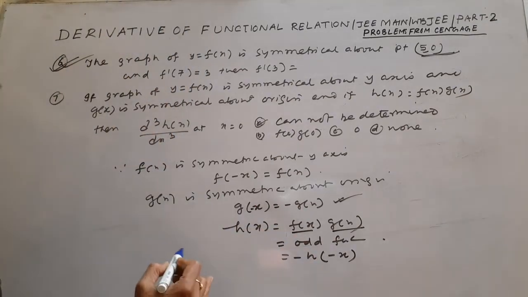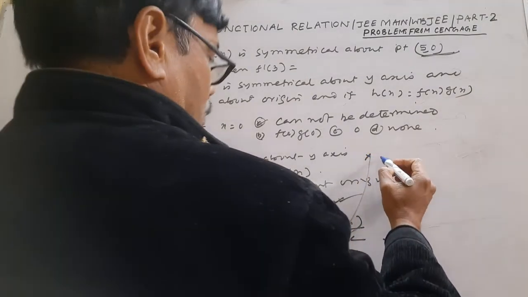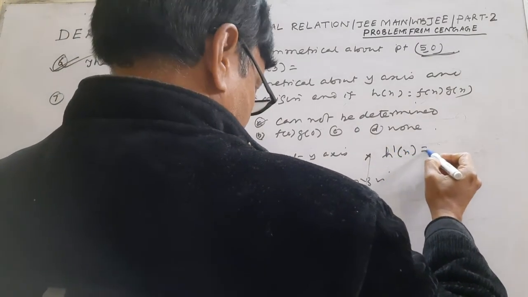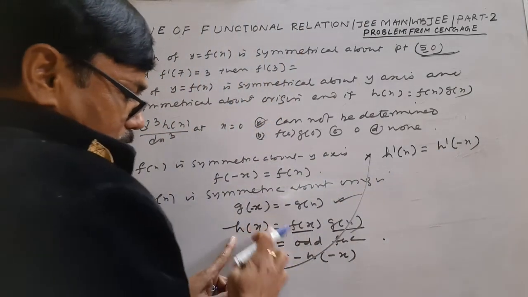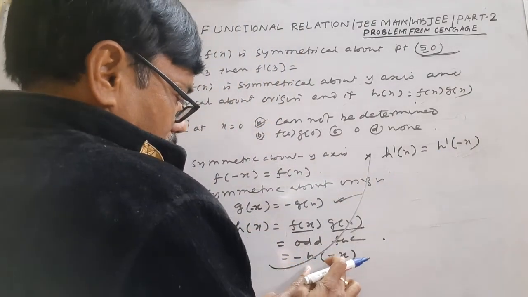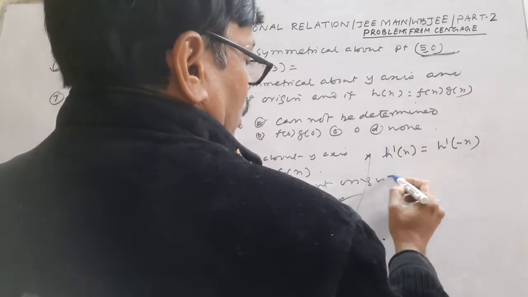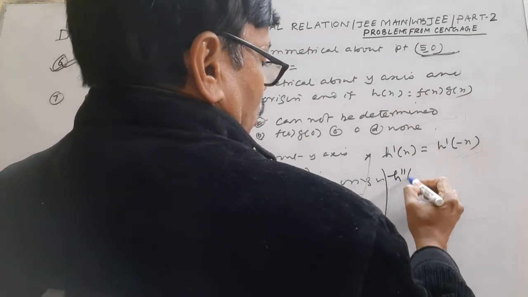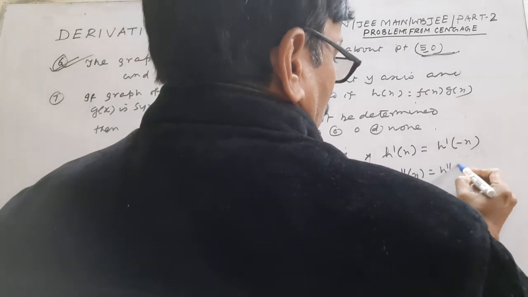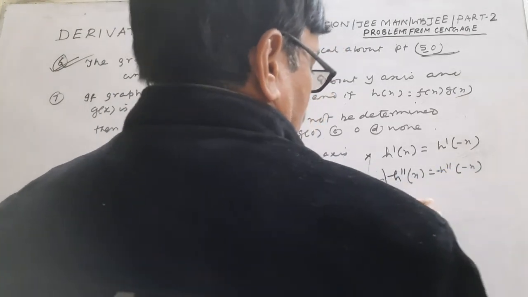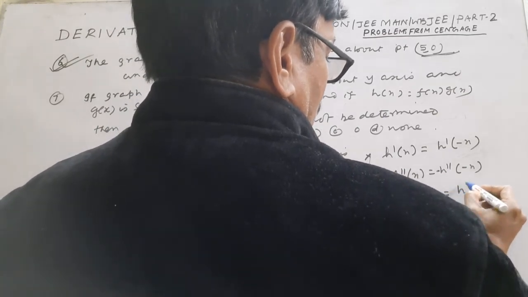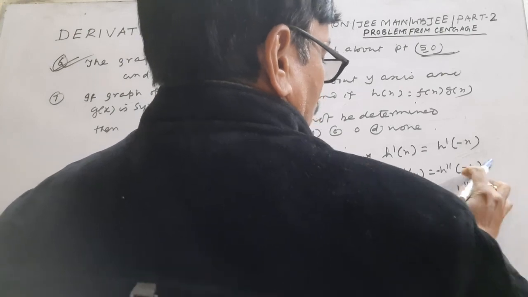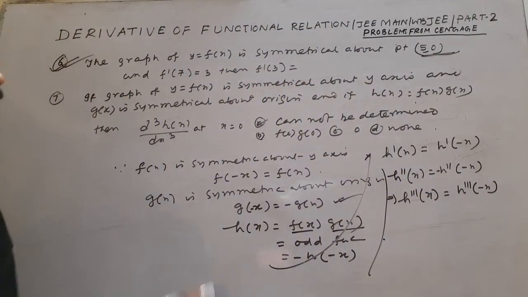Then differentiate. Look, after this step, h'(x) equals h'(minus x). Differentiating again, h''(x) equals minus h''(minus x), and then h'''(x) equals h'''(minus x).